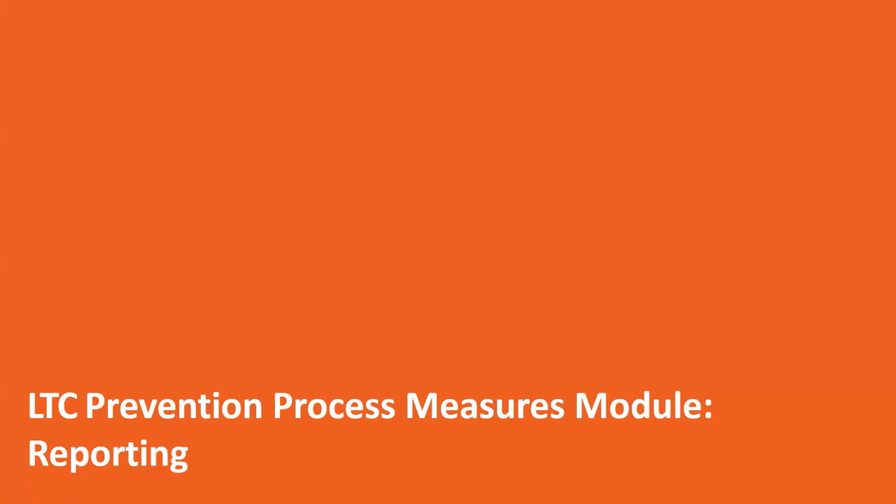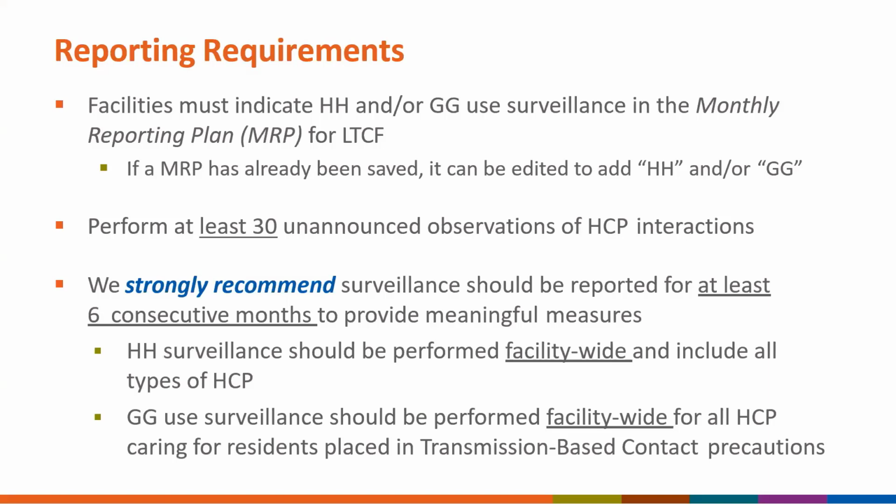Next, we will continue on the reporting requirements for the Prevention Process Measures module. Before you can begin reporting in the Prevention Process Measures module, users must include this option on their facility's monthly reporting plan.